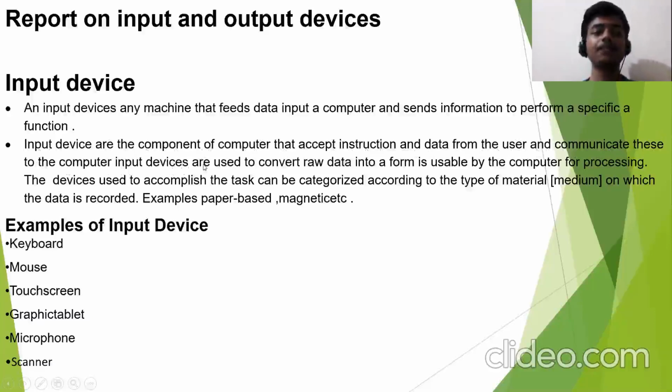Input devices are used to convert raw data into a form usable by the computer for processing. The devices used to accomplish the task can be categorized according to the type of material on which the data is recorded. Example, paper-based, magnetic. And examples of input devices: keyboard, mouse, touchscreen, graphic tablet, microphone, and scanner.